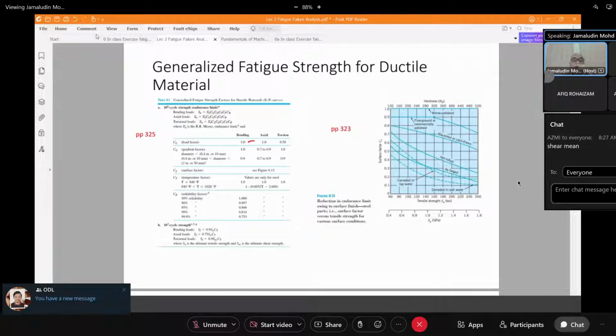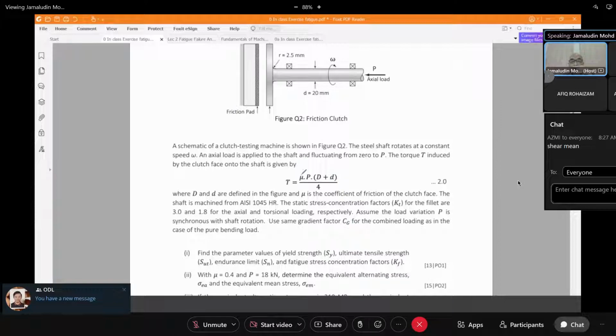I think it's machined. Is it machined? The shaft rotates at constant speed with fluctuating load. It's machined; you have to look at the details in the question.